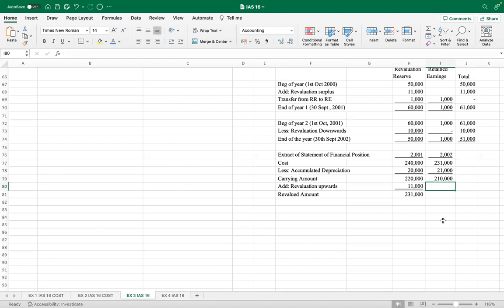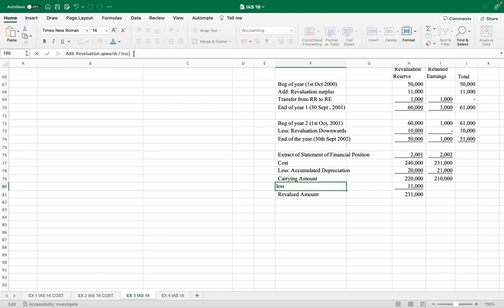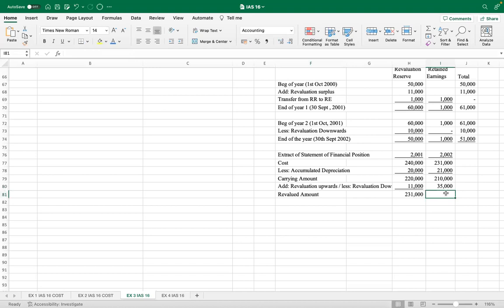And then you less revaluation downwards. So you less revaluation downwards, it was 35,000, if you recall. So it gives us the revalued amount is 210 minus 35.